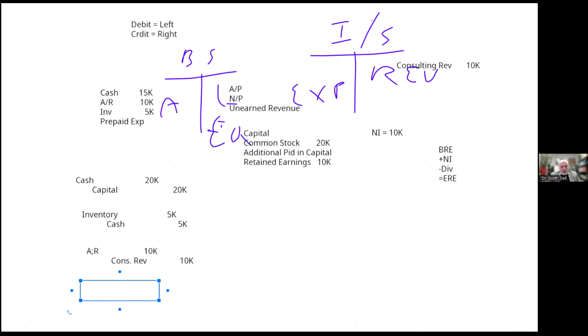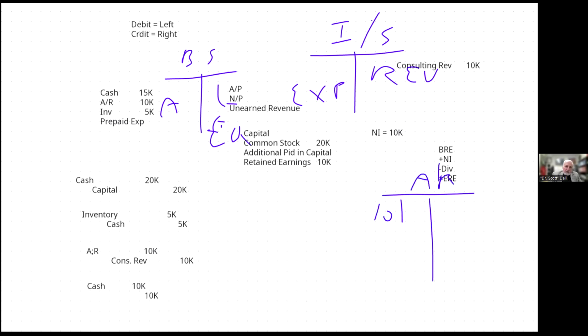The next question is, what's the other side of that transaction? Well, right now, I'm going to draw a quick T account for your benefit. And you're going to see that we happen to have an accounts receivable that has a 10K debit balance. That was from this entry over here when we sold the consulting services. Now, if I go back down here, I need to go in and say, you know what?